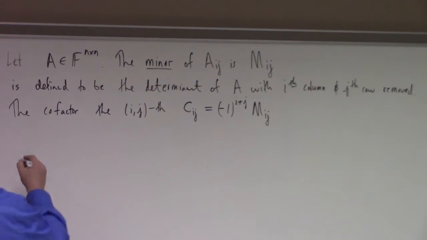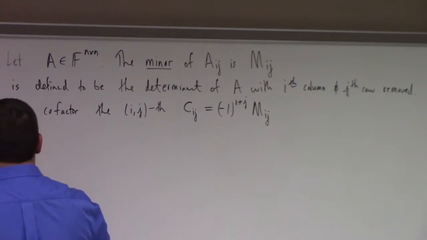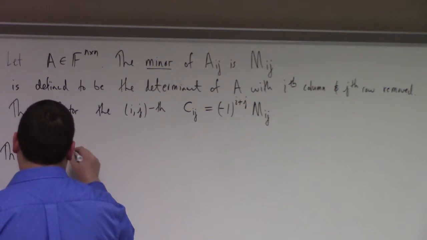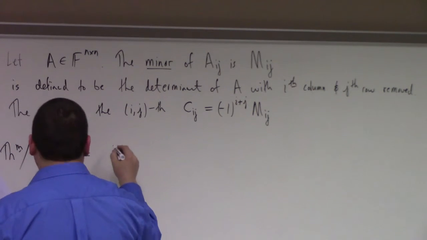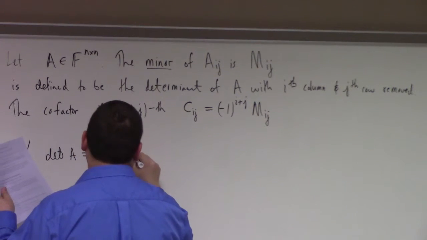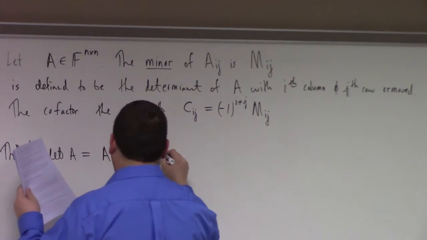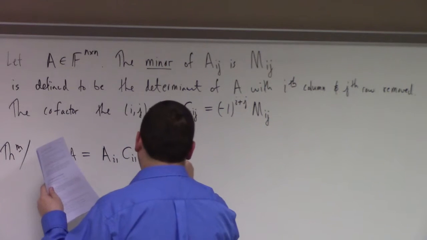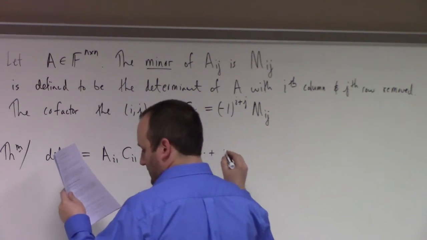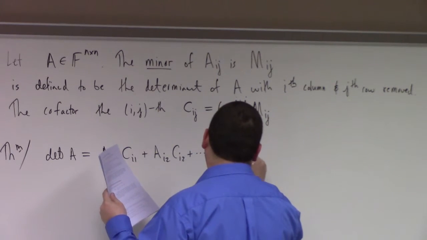So there's a theorem. This is Laplace's expansion by minors. The determinant of A is equal to Ai1 Ci1 plus Ai2 Ci2 plus dot dot dot plus Ain Cin.